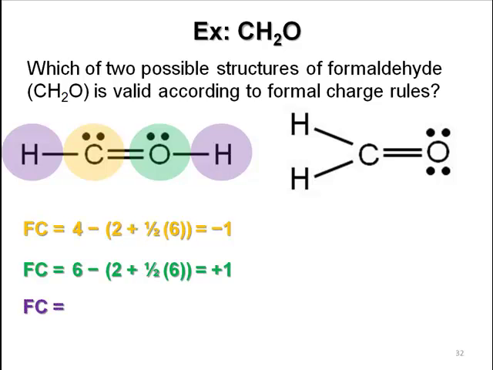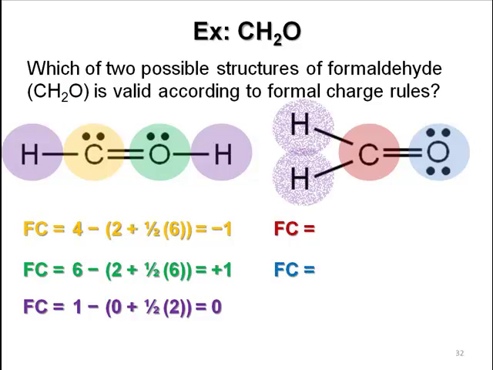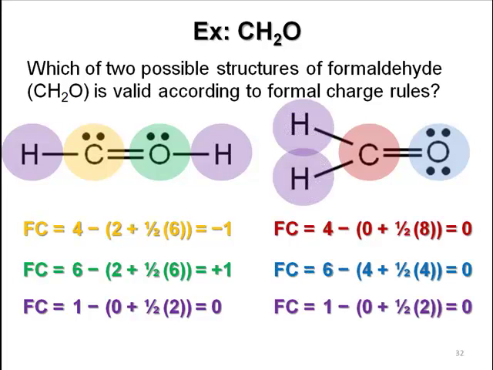Hydrogens, each of them, 1 minus 0 plus half of 2 is 0. Then we do the carbon on this side, and the oxygen on this side, and the hydrogens. So which structure is better, the one on the left or the one on the right? Right, because it's 0, 0, 0. This is the valid structure of formaldehyde.